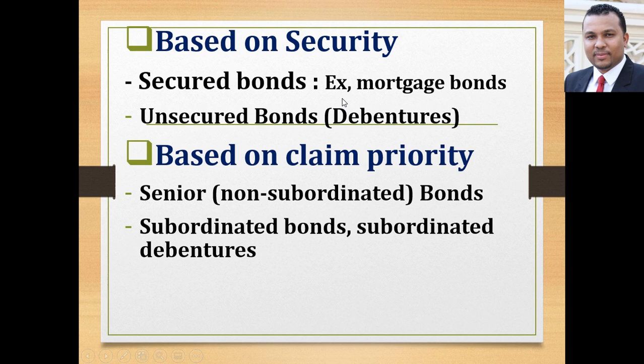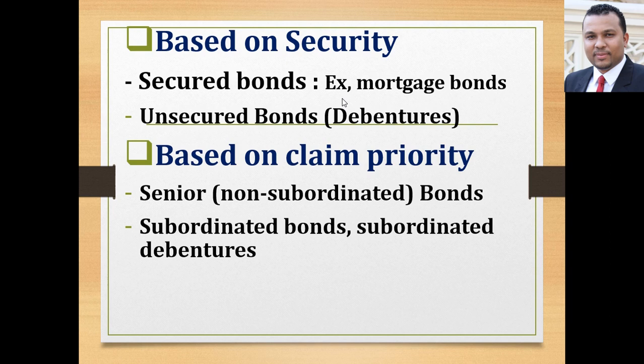But suppose the issuing corporation fails to make a payment as scheduled. Secured bondholders have the right to liquidate the asset because this bond is secured. So this is the right to liquidate the asset used as collateral, say any fixed asset.